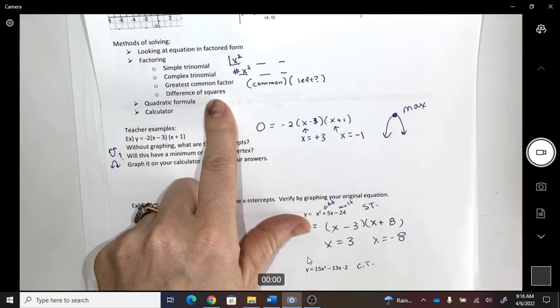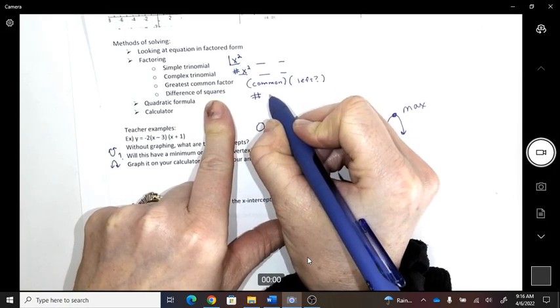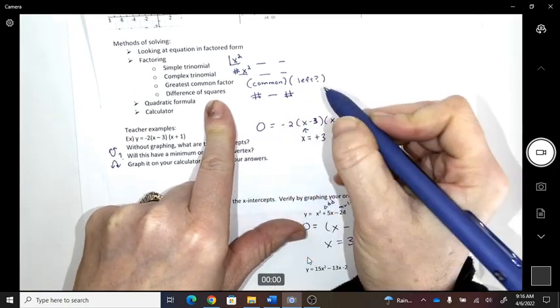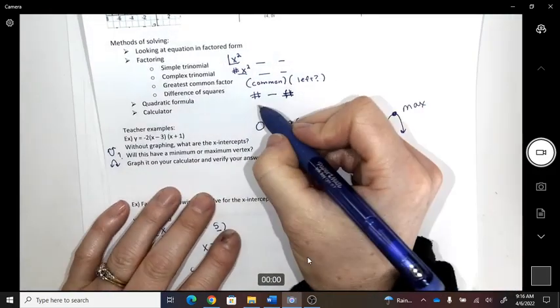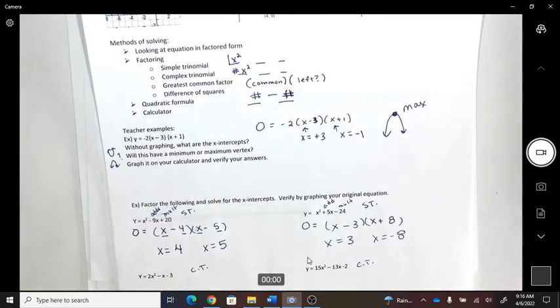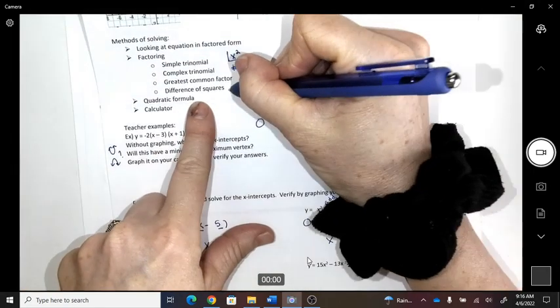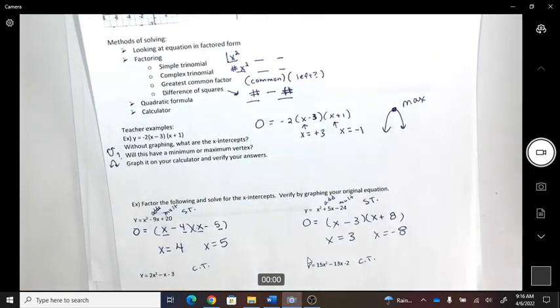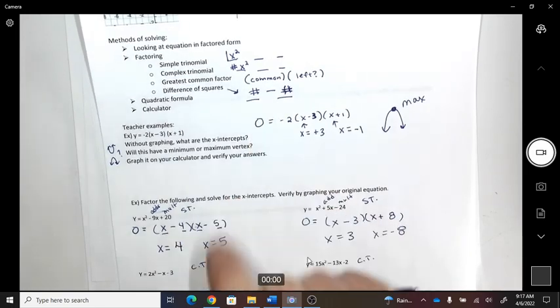And the difference of squares will look like, when you have a difference of squares, there's only going to be 2 things. So the difference of squares has 2 things, and there's always going to be a subtraction because that's what difference means. In math, a difference is to subtract.